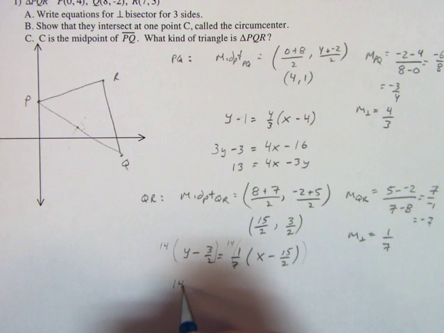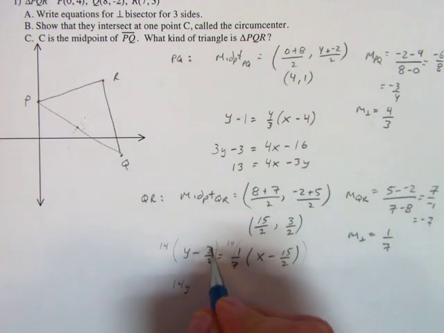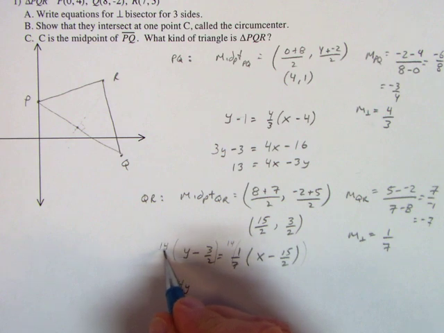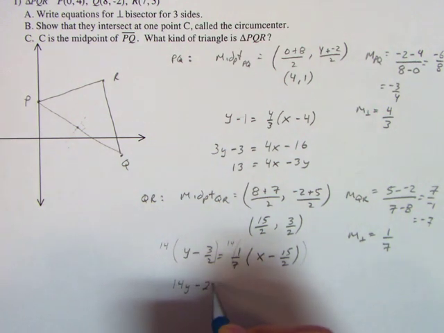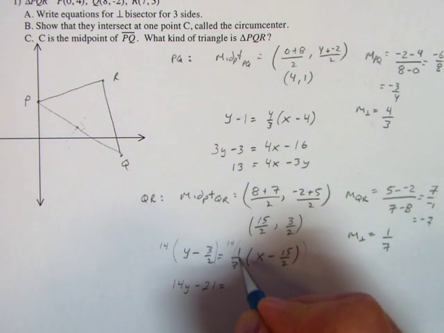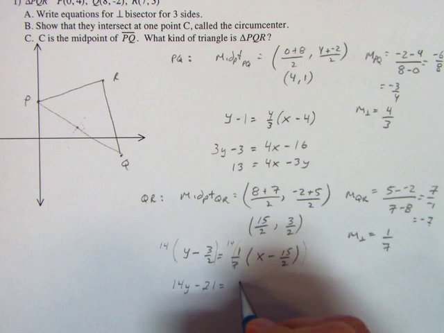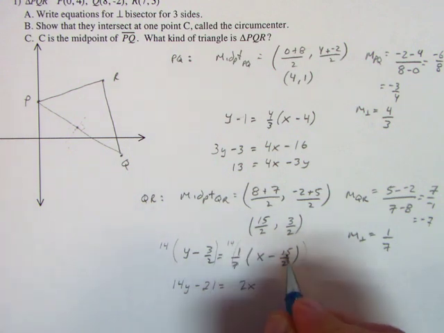So I'll have 14y, and then 14 times 3 over 2. The 2 and the 14 will reduce to 7, and then 7 times 3 will be 21. 14 times 1 over 7 is 2. 2 times x will be 2x, and 2 times the negative 15 halves will be negative 15.